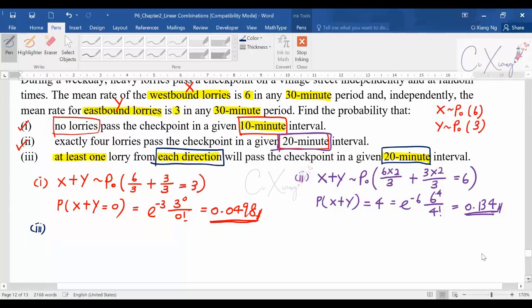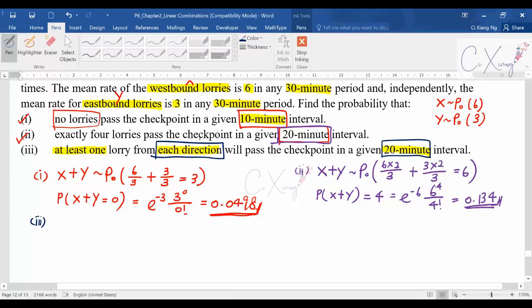So for this kind of question, when you want to calculate the probability, you should calculate it separately. So you have x, which is Poisson distributed, with mean 6 multiplied by 2 divided by 3. This is for 20 minutes, so you should get 4. And for y also, you need to convert it into the 20 minutes interval mean.